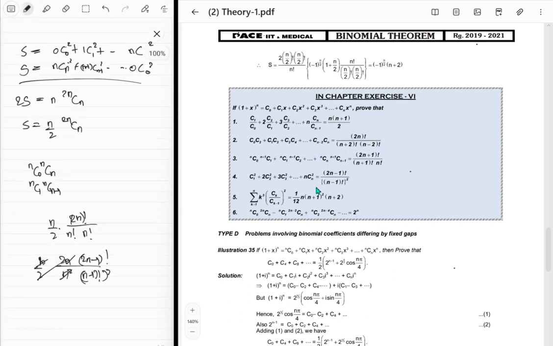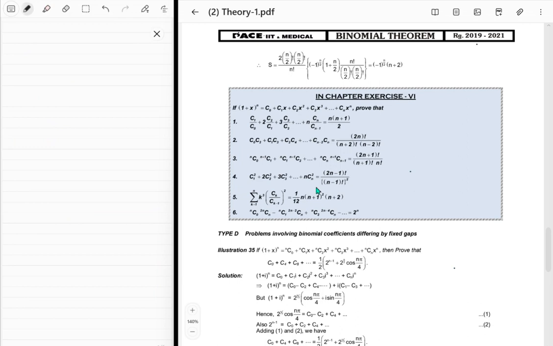What about the other way? So not using the identity directly but using something else, right? So notice it's got like 2 and 3 and so on, right? So we know that (1+x)^n is just C0 plus C1x and so on, whatever they said, right? This whole thing, what we can do is just differentiate.